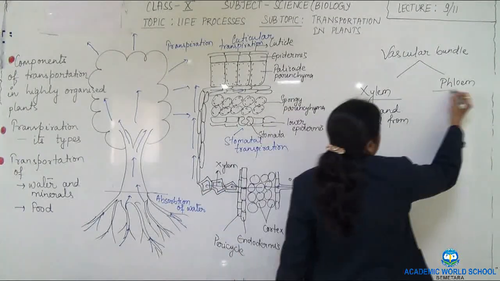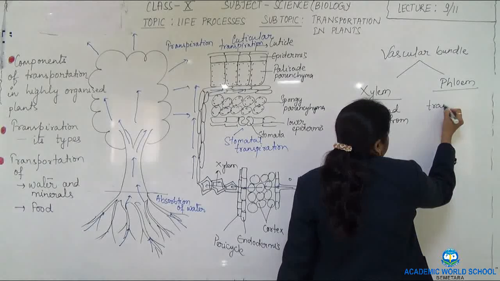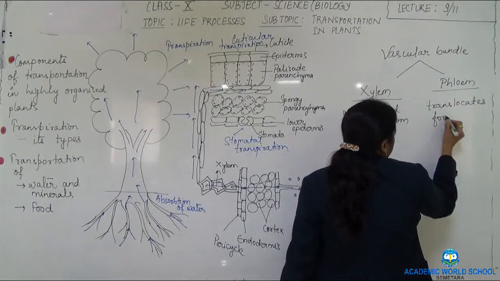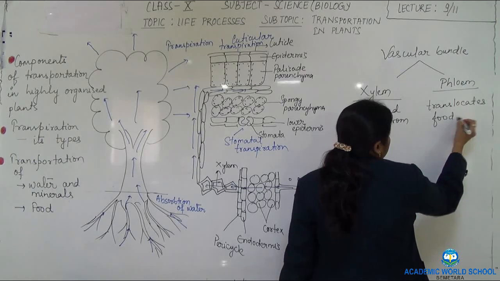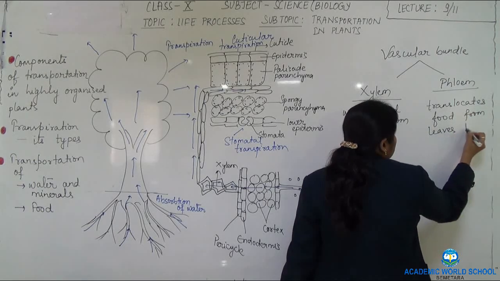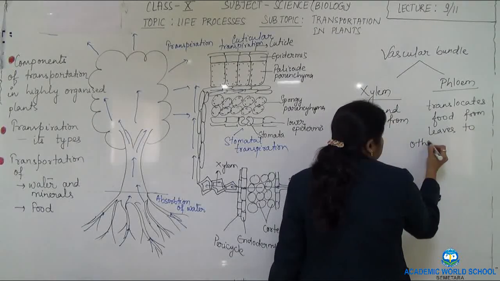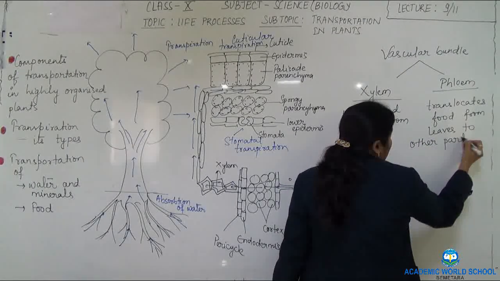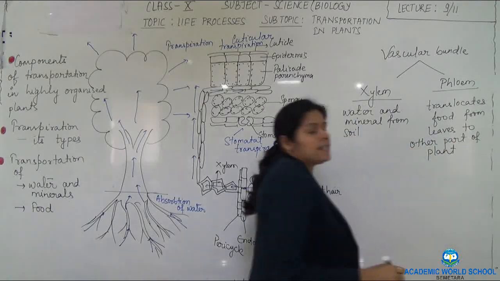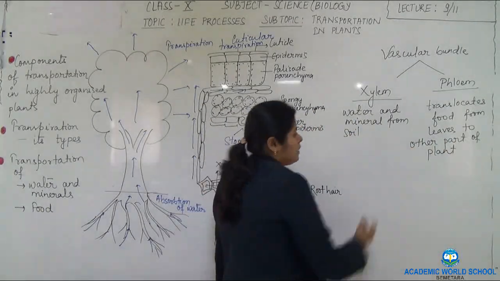So this phloem translocates food. Where is it prepared? From leaves to other parts of the plant. Again here, phloem consists of four components. What are they?